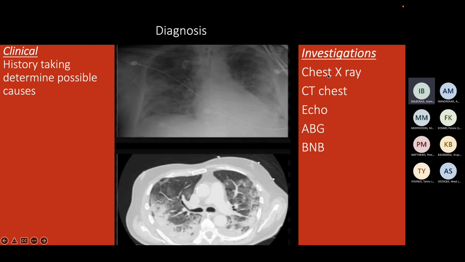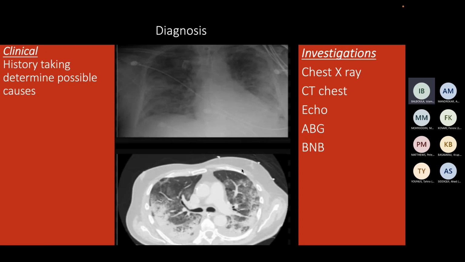Regarding the investigations, one useful tool is the chest X-ray. According to the Berlin definition, we should have bilateral opacities in both lung fields. CT scan is not typically performed for diagnosis, but it can differentiate other causes of that condition.